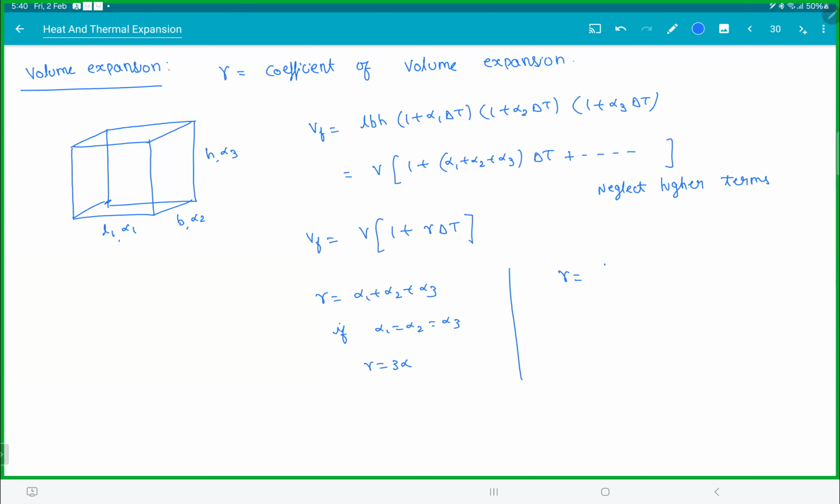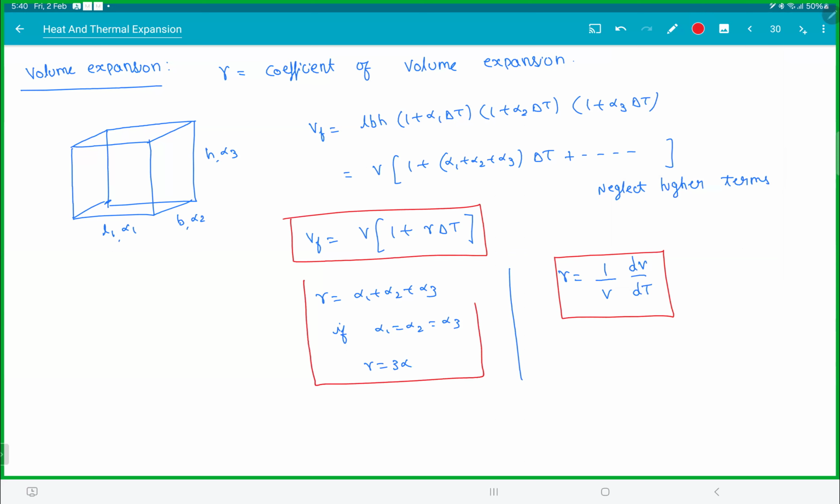So gamma is simply 1 by volume into dV by dT. This is useful, right? Because volume expansion you can use for liquids and gases also, because beta and alpha are not defined for liquids and gases. That's why volume expansion is more important. Because for liquids and gases, there is no meaning of length and area.